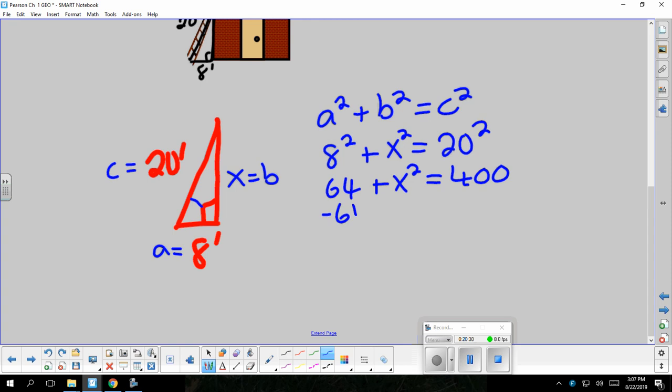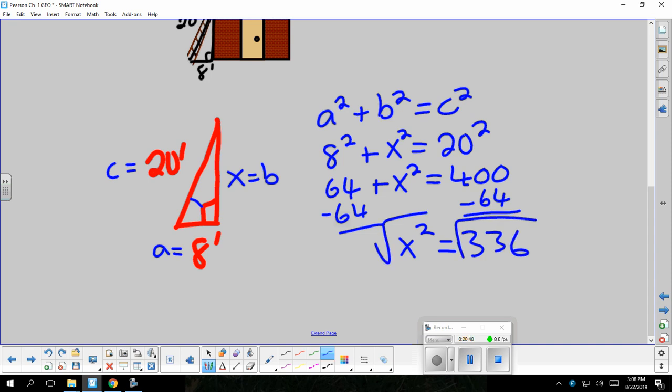Subtract 64 from both sides. X squared equals 336. And I'm going to take the square root of both sides. Anyone who has a calculator can check up on me, but x should equal 18.33 feet.